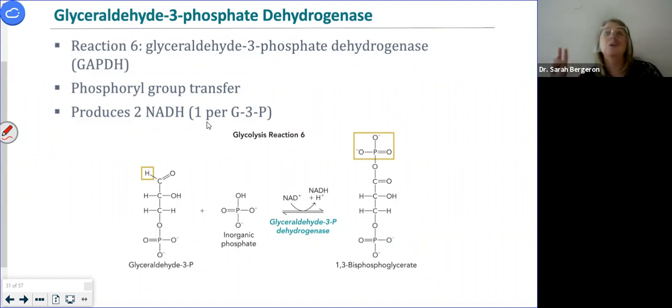Yeah. So why is this important? This is really, really important because you are regenerating your NADH. And NADH is going to be super important in lots and lots of different pathways. So it's important to keep track of where you're producing ATP and where you're producing energy electron carrying molecules, which is NADH. NADH is one of them, right?